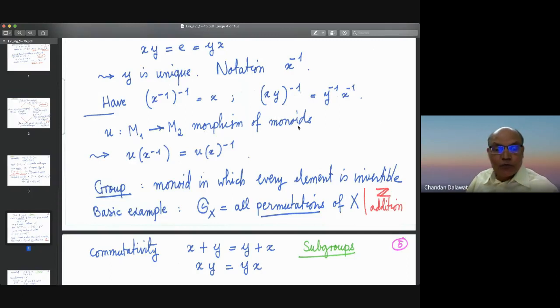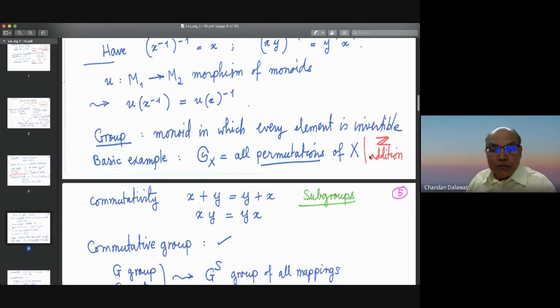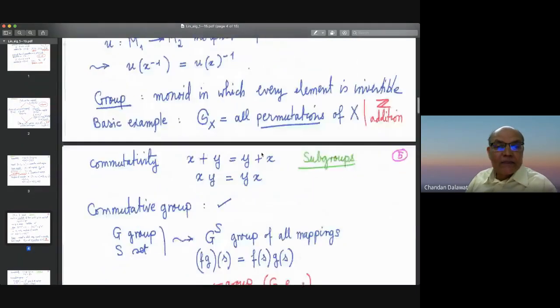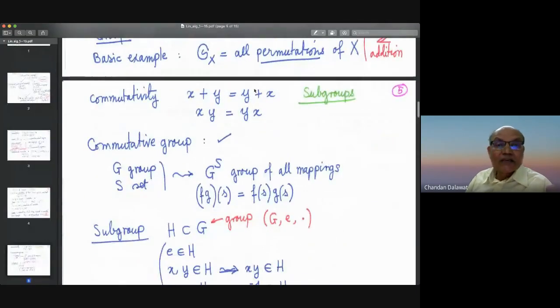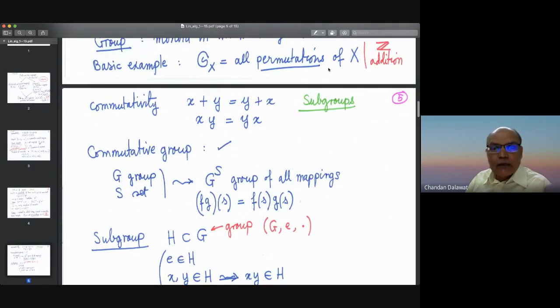He was working more with permutations. So for him, the basic example would have been the set of all permutations of a set X. This is what I've already mentioned a little while ago, that you have the monoid of all mappings from X to X, and the bijective mappings, also called permutations, are the invertible elements of that monoid.